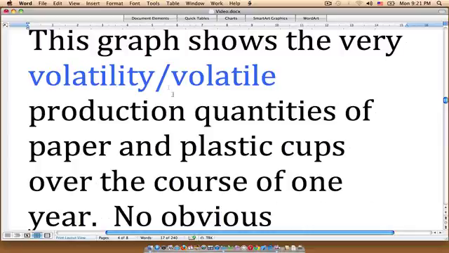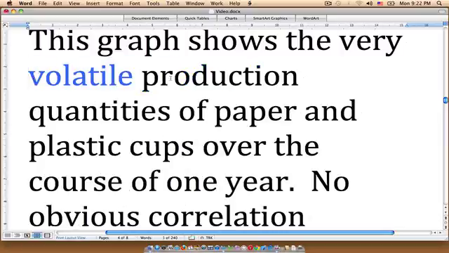And the answer here would be volatile. So when we're talking about production quantities, we have a noun, and we need a word that can qualify this noun. The word volatile is an adjective, and this is the word that we would use to couple with production quantities.